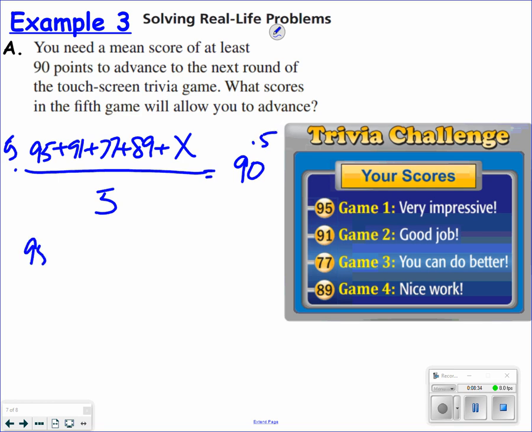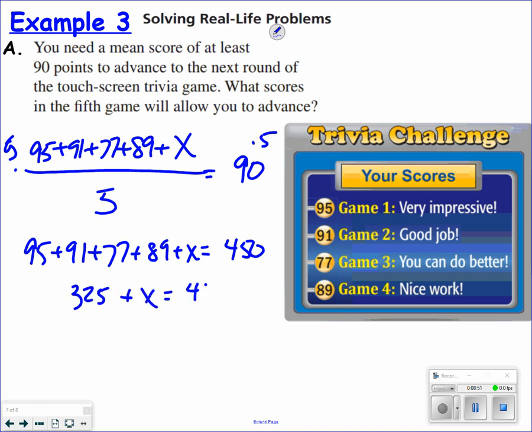So 95 plus 91 plus 77 plus 89 plus x is equal to 450. Now, adding the like terms, 95 plus 91 plus 77 plus 89, and you get 352. Subtract 352.